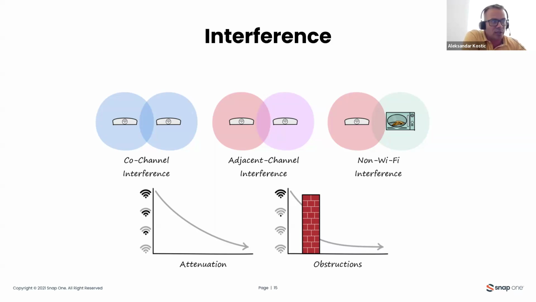The other reason for attenuation of the signal is, of course, obstacles, especially concrete walls, which cut the signal significantly, and behind the wall you have a much attenuated signal. So those are the two main reasons which can affect the quality of the Wi-Fi signal: interference, and distance or obstacles in the Wi-Fi transmission.